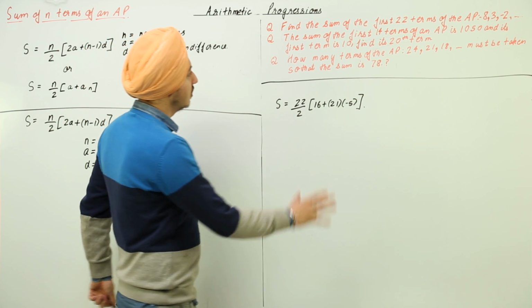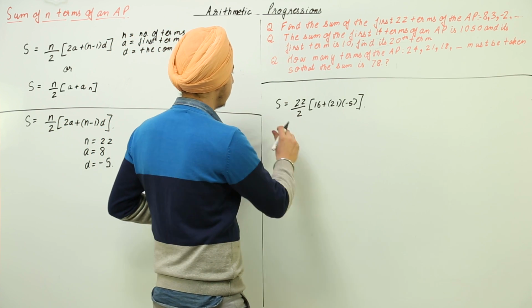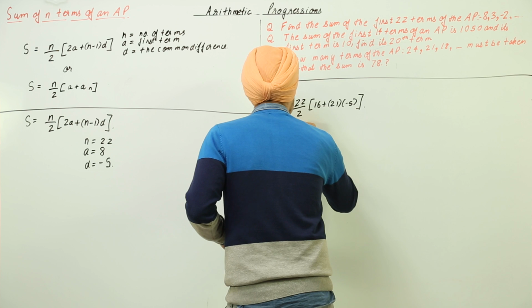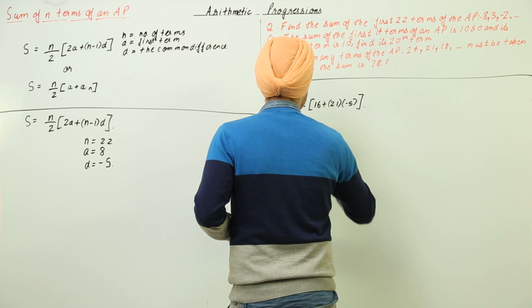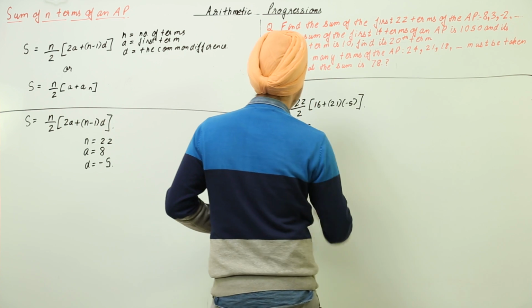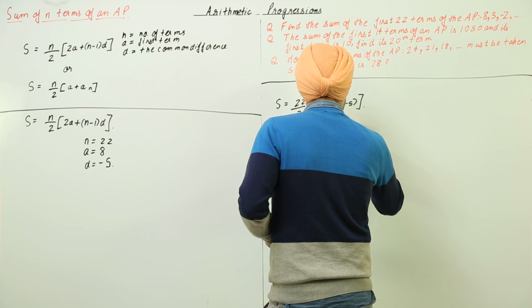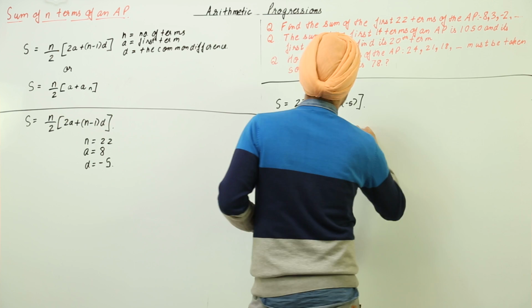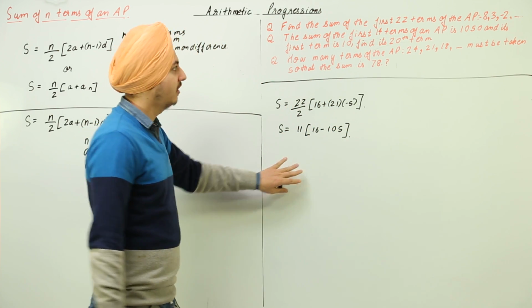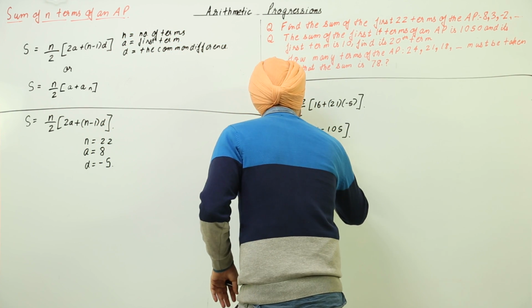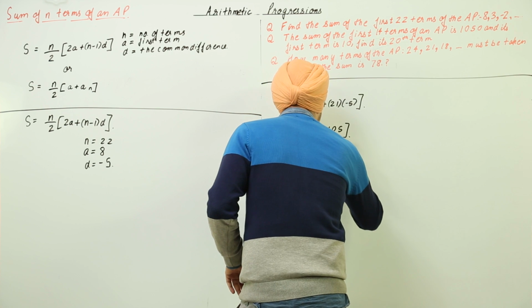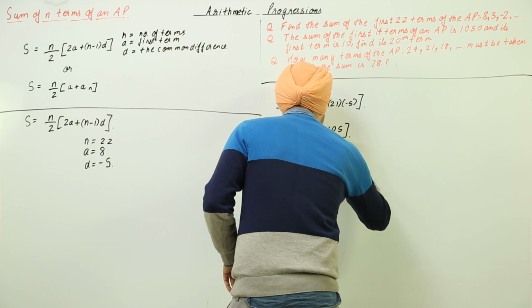Okay, now this over here, what does this become? This is equal to 22 by 2 is 11, into 16 minus 105, correct? Now this further becomes 11 into minus 89.